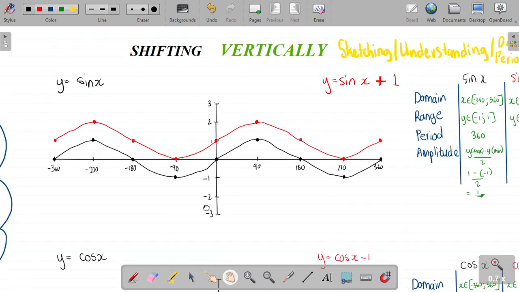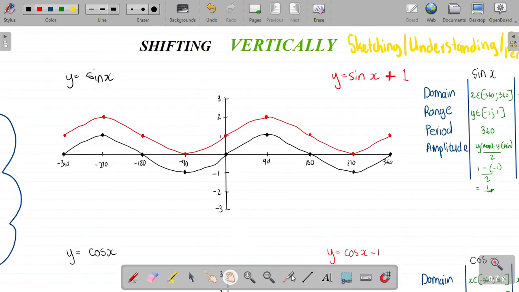Our first graph is the normal sine graph. The first one that I showed you is y equals sine x, as simple as you can get. When you start putting other things like plus 5, it will shift. If you put numbers in the front like 2 sine x, it will stretch and become a bit wider.